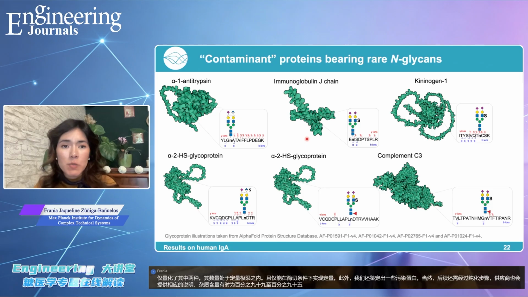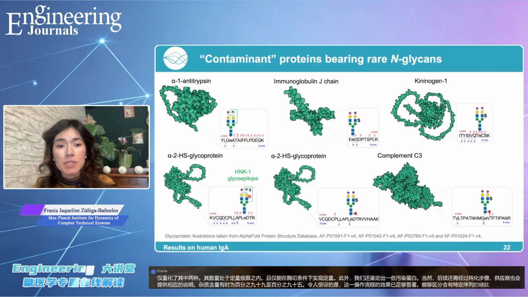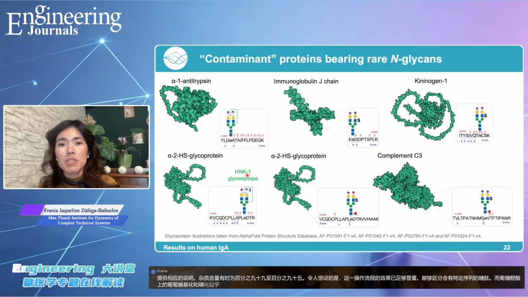And surprisingly, this workflow was potent enough to differentiate glycopeptides containing glucuronidation and sulfation on the glucuronic acid, similar to the HNK1 glycoepitope, typical of brain glycans. And we could also identify sulfated glycans on other glycoproteins.